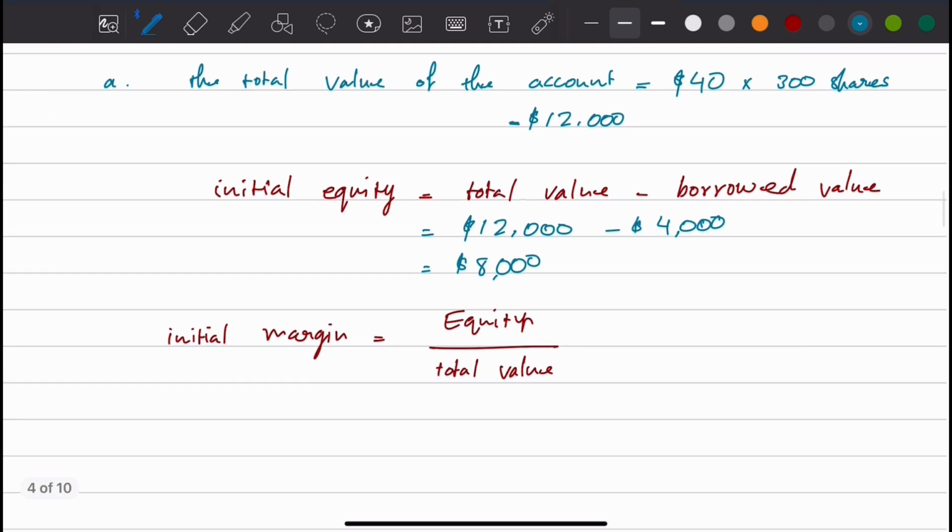Okay, which is going to be 8,000 divided by 12,000, and that would be 66.67%. All right, so that's the answer to the first part, part A.